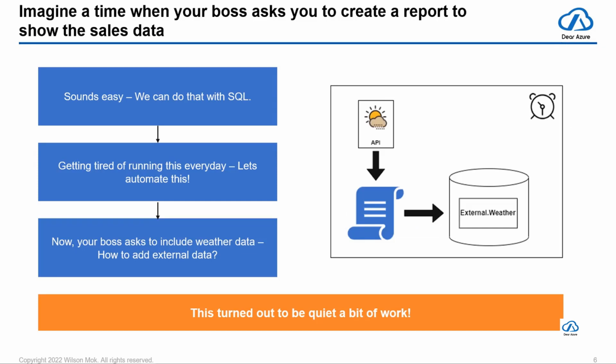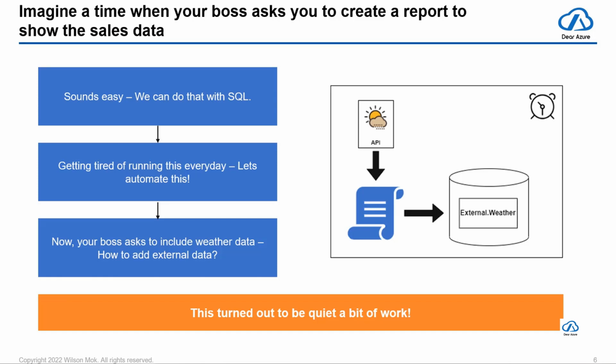Now, this is all great, and the boss now wants to add more information to the report. This time he wants to see how the weather can impact the store sales. This turned out to be a little more complicated than the previous request. We could create a script that downloads the weather data for us. Then we have to massage or restructure the data somehow so that we can send it to our database.